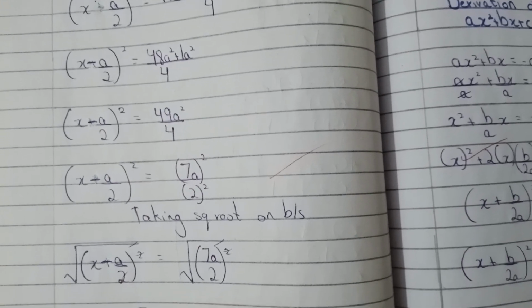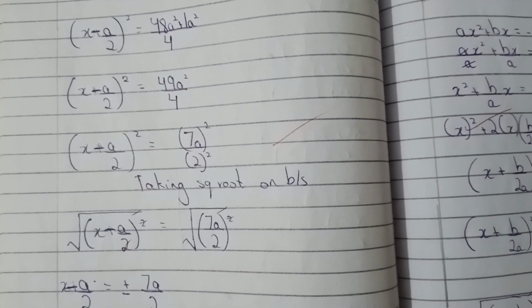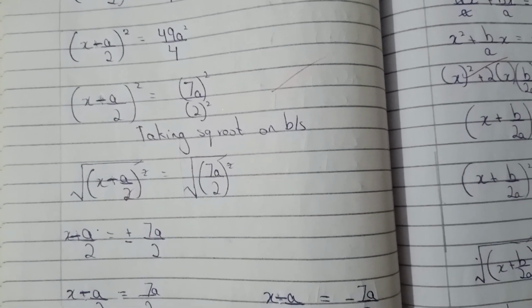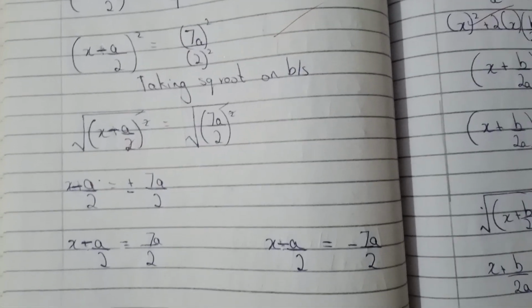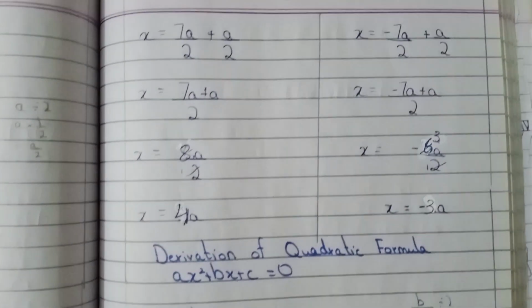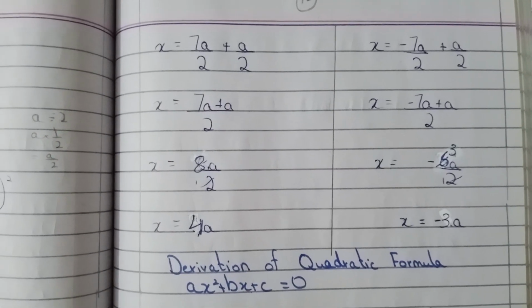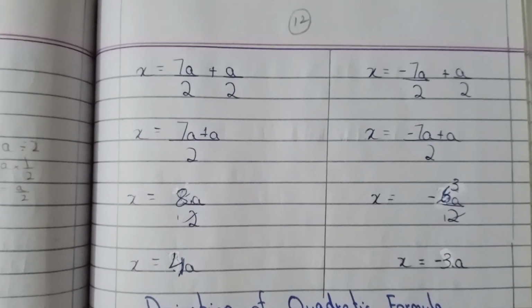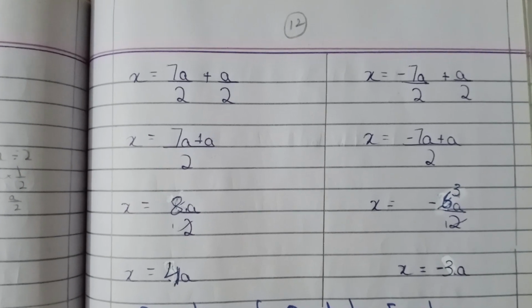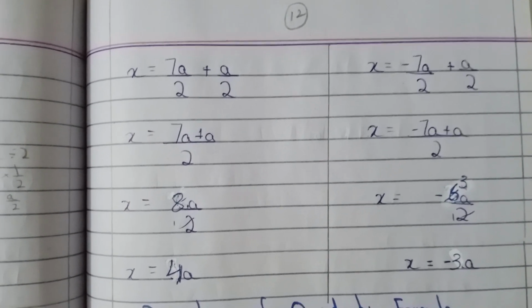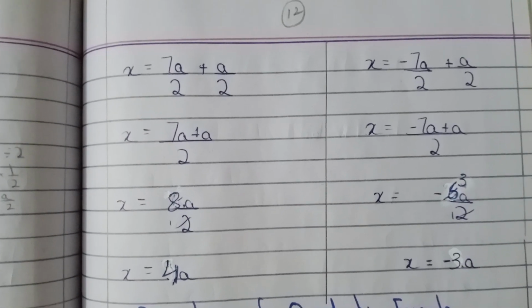Take the square root of the left side and the right side, we are getting x minus a over 2 is equal to plus minus 7a over 2. We have to solve with the plus sign and negative sign, and we are getting 7a plus a over 2, which is 4a, and on the other hand we are getting minus 7a plus a over 2, which is minus 6a over 2, and after division we are getting minus 3a. So our answer is 4a and minus 3a.